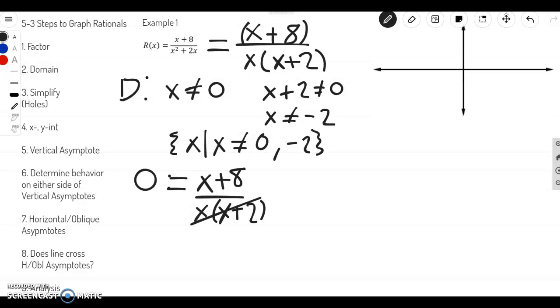So we're just going to have 0 equals x plus 8. Then solving, I would have x equals negative 8. So on our graph, if we designate this value here as negative 8, that means our graph is going to cross through that point.